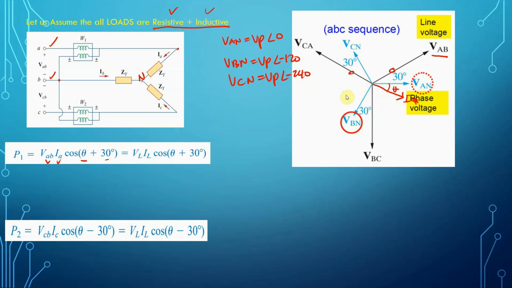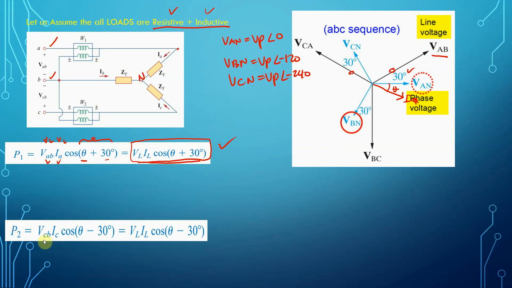So with this case, VAB multiplied by IA, cosine, the phase angle between them is 30 plus theta. Okay, since VAB is a line voltage and IA is also a line current, we can simplify this equation as VL IL cosine theta plus 30.